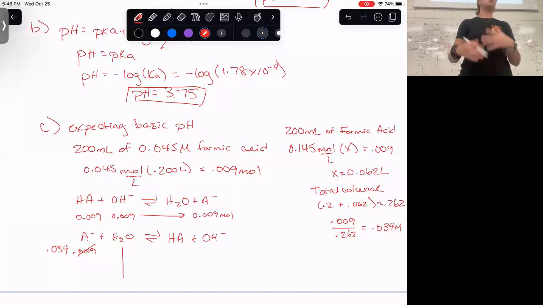That would be how much you need to reach the equivalence point. You're just doing it backwards. Questions? Did I lose anyone in the math that just happened?